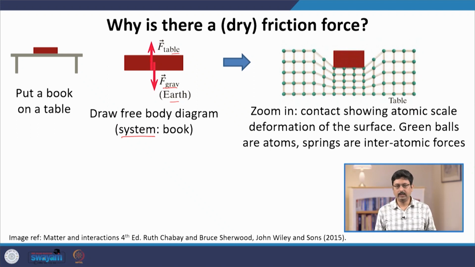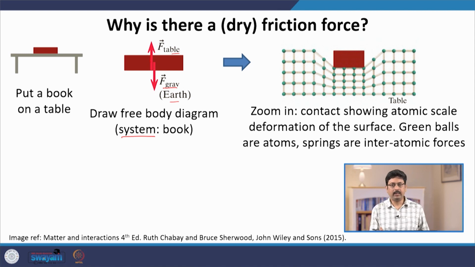What this picture shows is that the green balls are the idealized version of the atoms. This table is a solid object, and in a very idealized picture, we can imagine this table as made up of atoms, the components of the table, like green balls, placed in regular, periodic positions that make up the table.